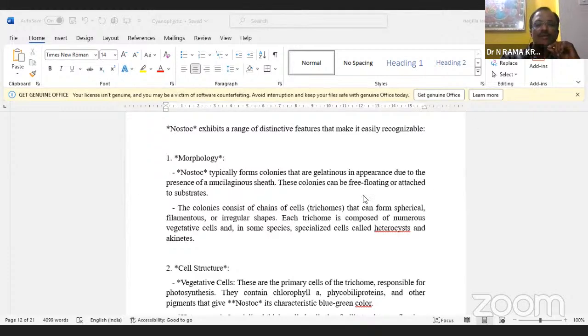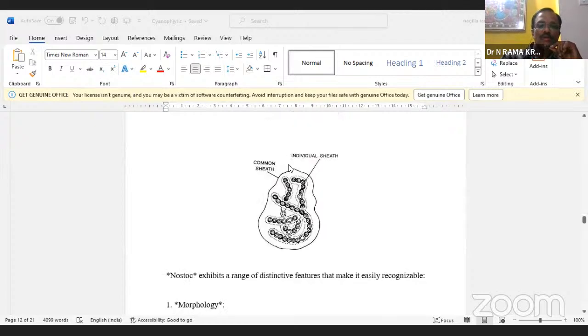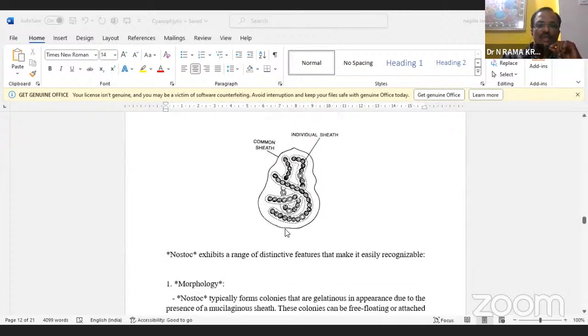See now here, it is a structure. Mucilaginous sheath, and each filament contains cells. One, two, three, so many ball-like structures are there. Numerous filaments form a colony together, held by the soft mucilaginous envelope formed by the fusion of individual trichome sheaths. This is one trichome sheath, and here also one more trichome sheath.